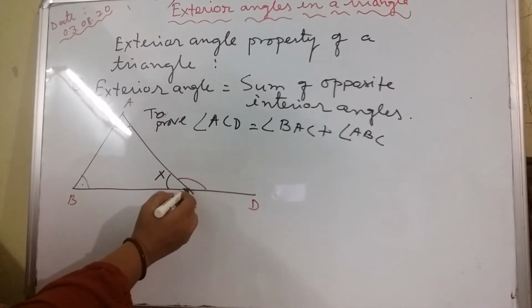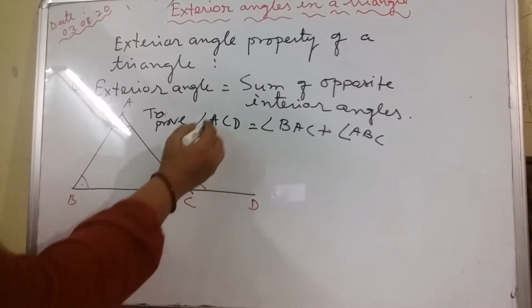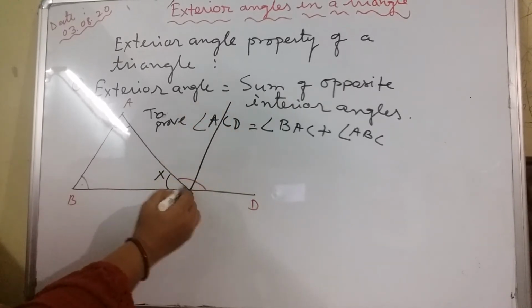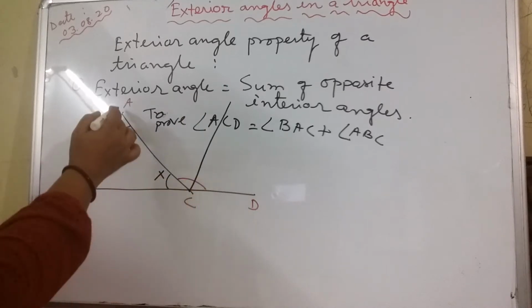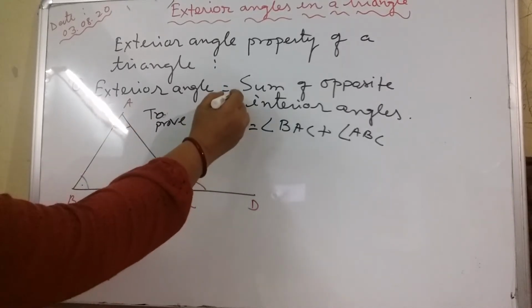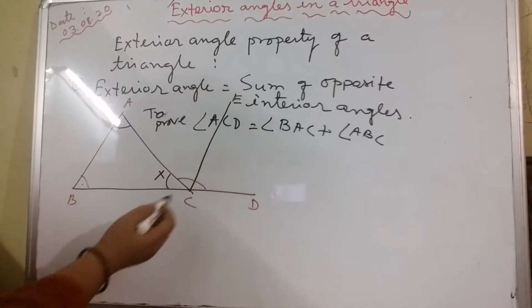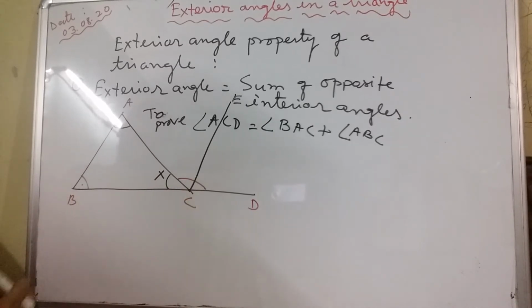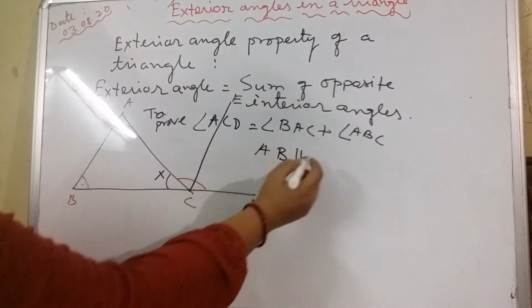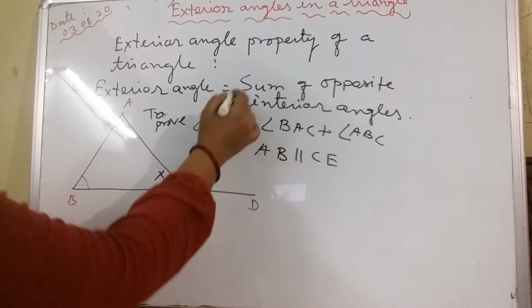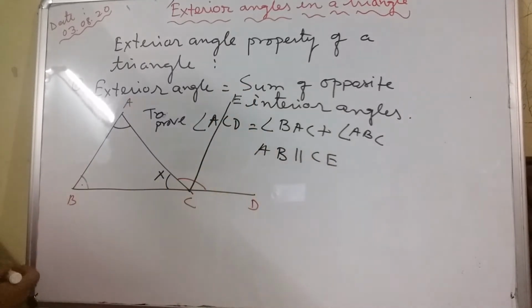For that, I will draw a parallel line. Draw a parallel line to this AB, say this is CE from this point C. So AB is parallel to CE because I have drawn a parallel line.